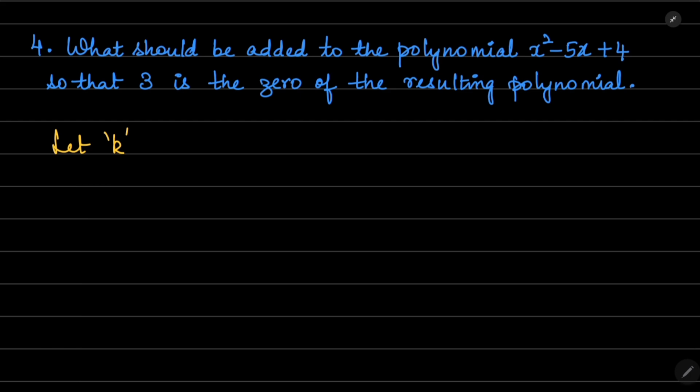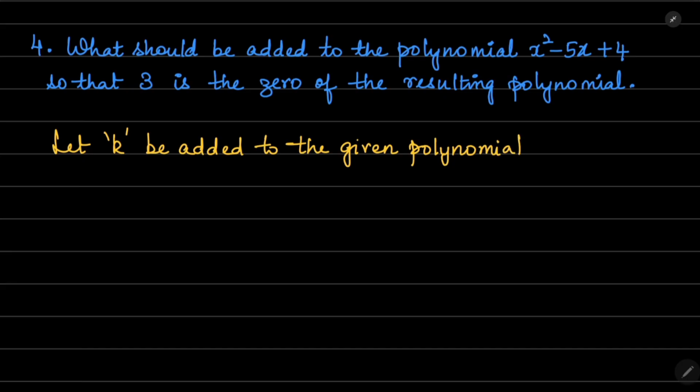Okay, let there be a value k added to the given polynomial. So when k is added to the given polynomial, what it gives you is the resulting polynomial.